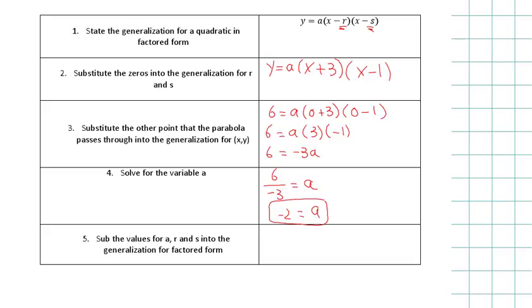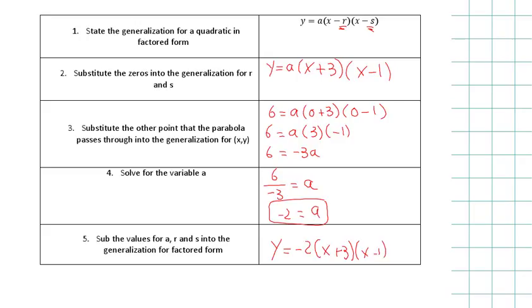So the final step is, as usual, you go back and you write the -2 into the equation, replace a with it, and then x plus 3, x minus 1. Okay?